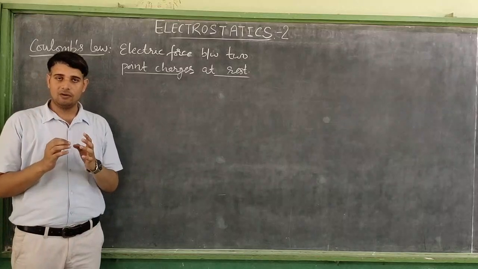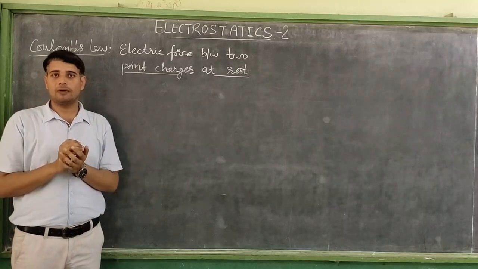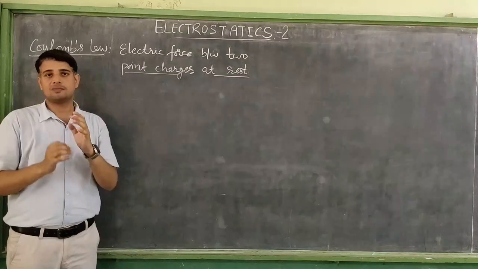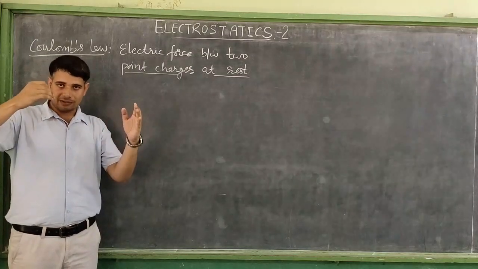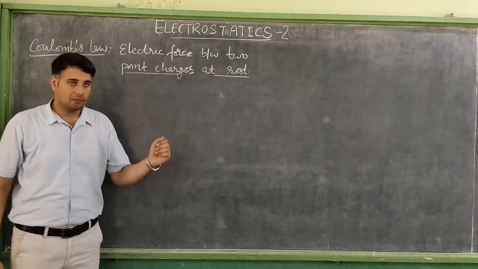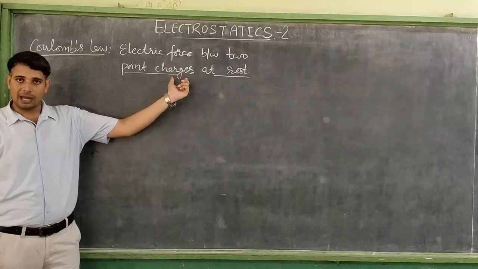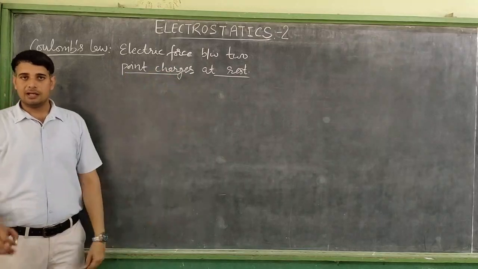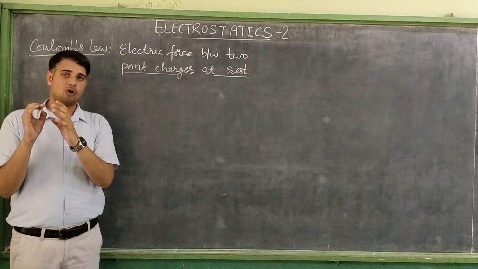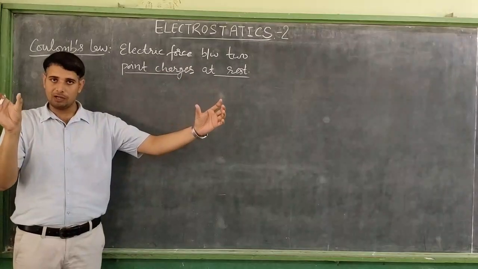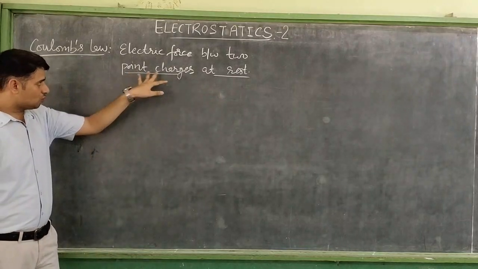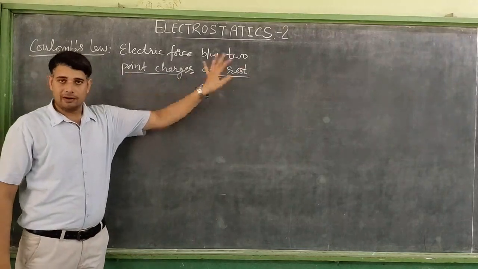Whenever the linear size of a charged body is negligibly small as compared to the separation between two such charged bodies, we can call that charged body a point charge. Second thing, these two charged bodies should be at rest.